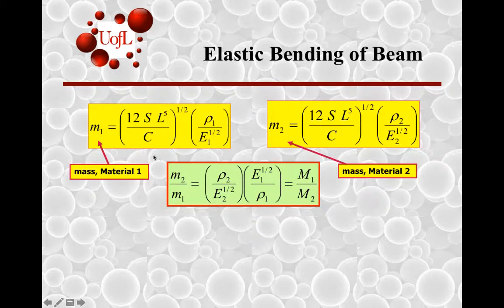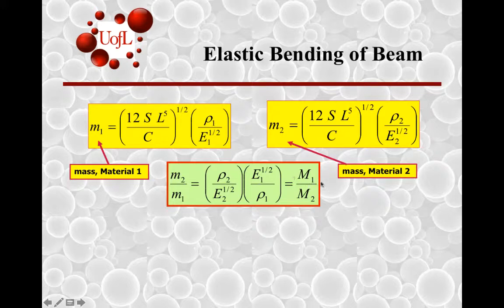Okay, so this becomes a constant. So basically what you end up having is M2 by M1 is a ratio of capital M1 by capital M2. So the mass of the material that you want to decide as a new material to change the original can be determined by taking an inverse proportionality of the material indices.